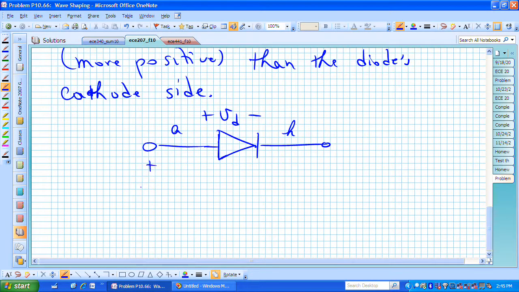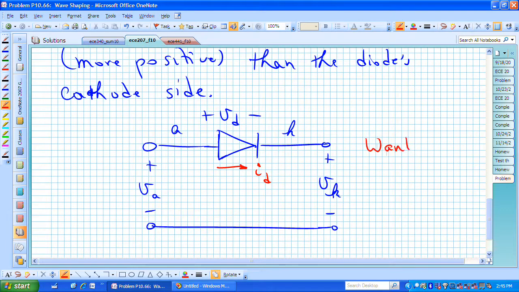If we think of the anode end being at a voltage V sub A relative, let's say, to some reference value, and the cathode end V sub K relative to some reference, then for this diode to be forward biased, or for the diode to have a current flowing through it, I sub D. Remember, you can think of a diode as a one-way valve. It's either allowing current to flow or it's off. We really want, for this current to flow, we want V sub A to be bigger than V sub K.